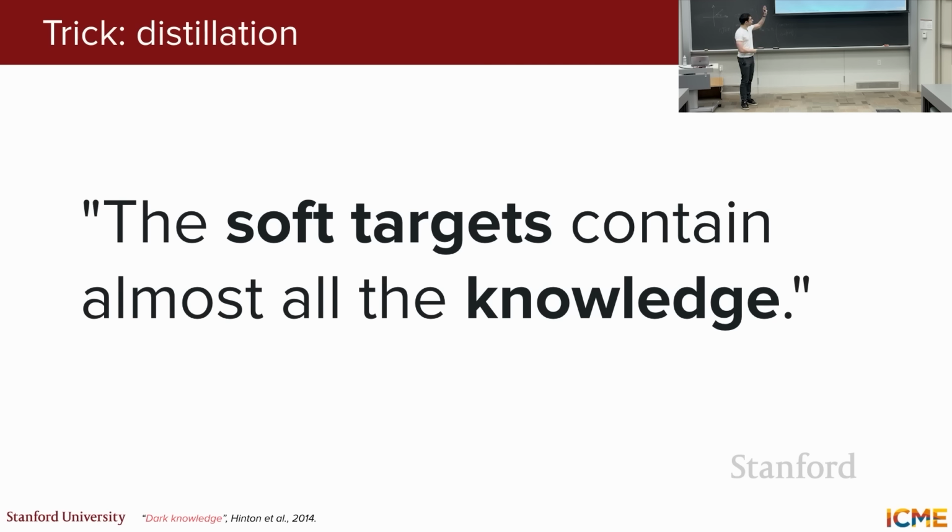So the soft targets contain almost all the knowledge. It's from a lecture of theirs that contains this quote. They were at the origin of the concept of distillation. And you quickly see in practice that learning the distribution of a model is more helpful than directly learning the hard labels.